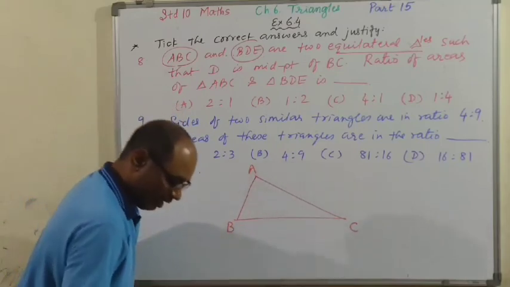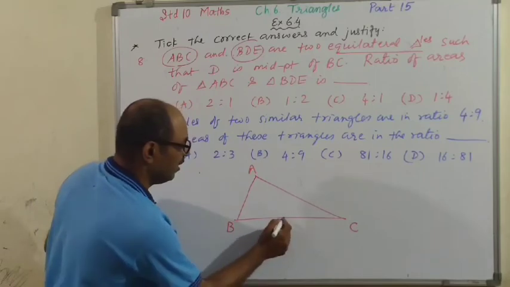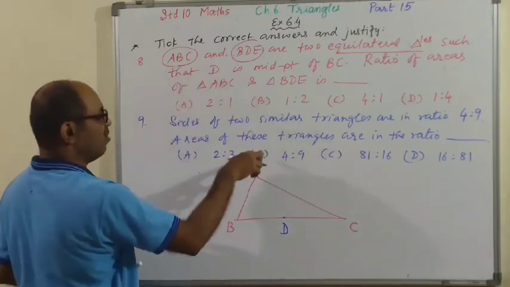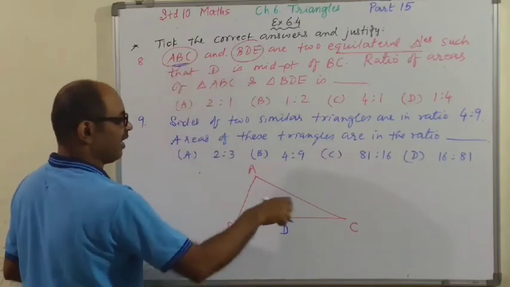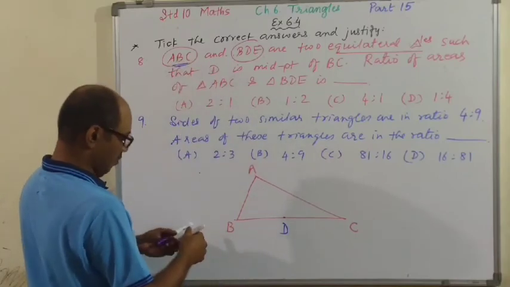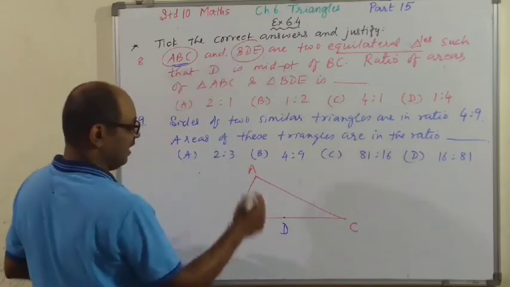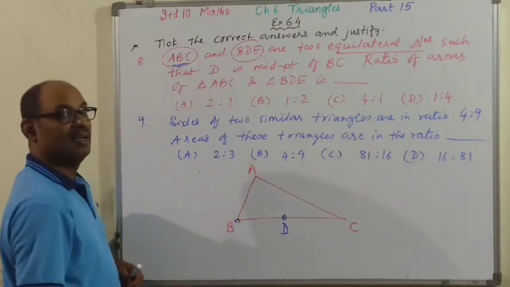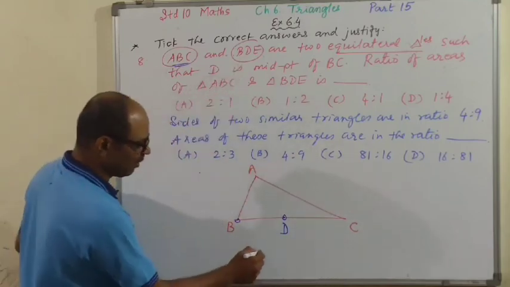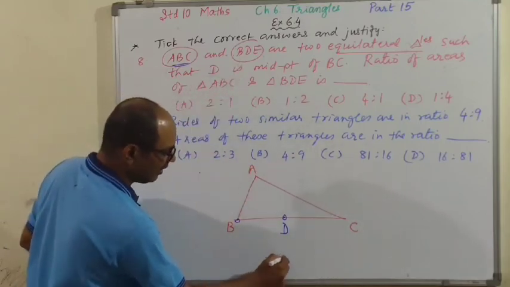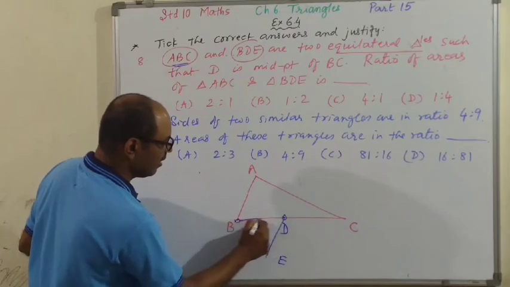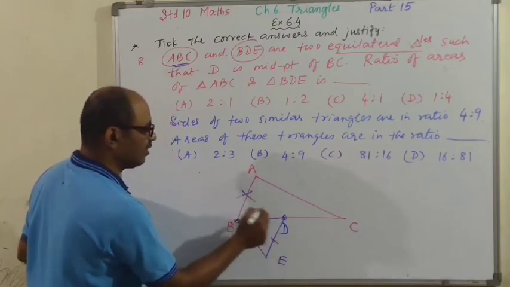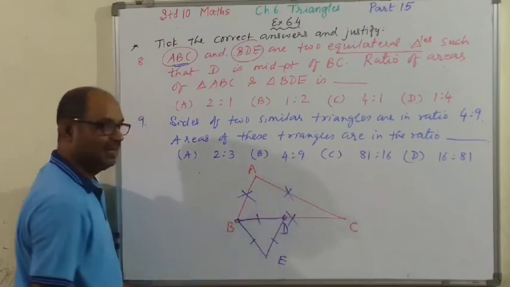BC is here. So I'll take its midpoint D. Correct? Now, red one, this one is triangle ABC. Now we have BDE. Only D is here. B is here. But E is not there. So I'll have to take E outside. Correct? This is an equilateral triangle. This one is an equilateral triangle.